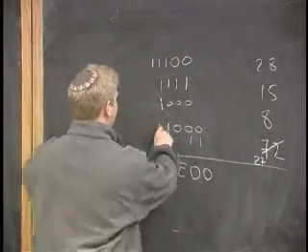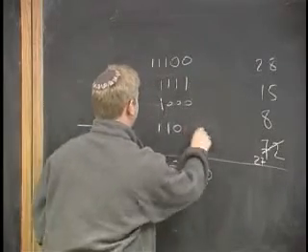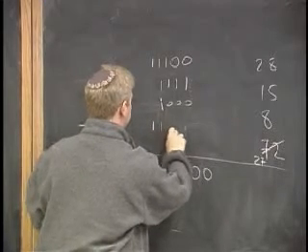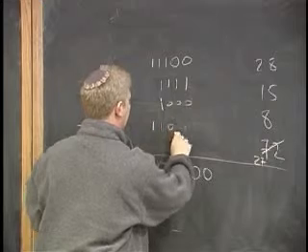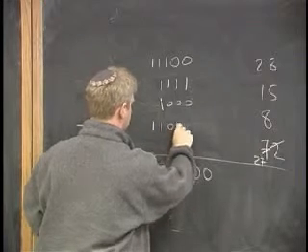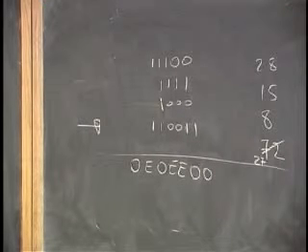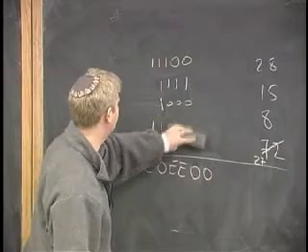And now I have 11011. Is that it? That's 27. I got too many zeros in here?